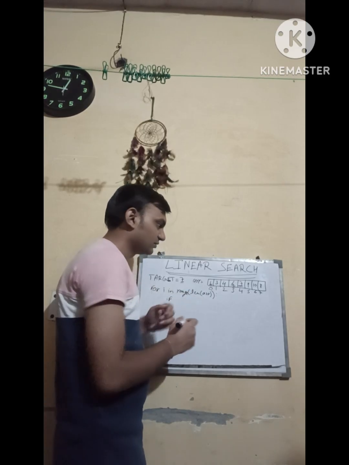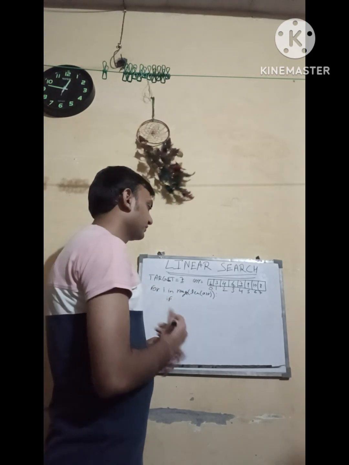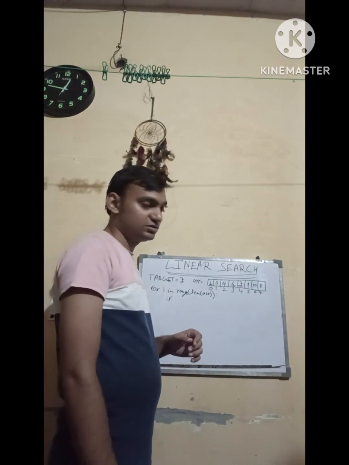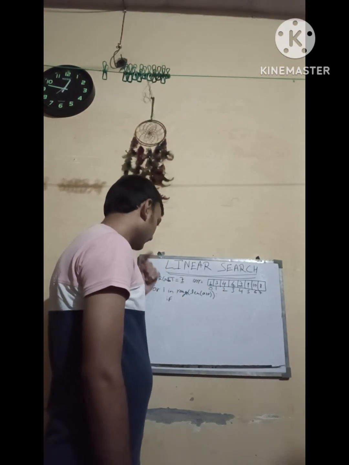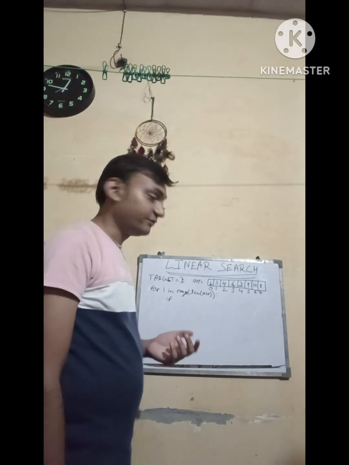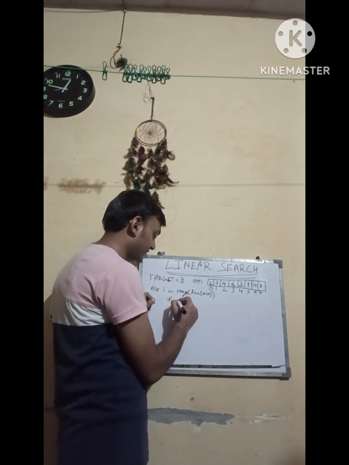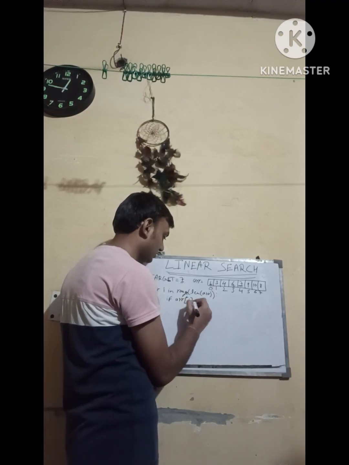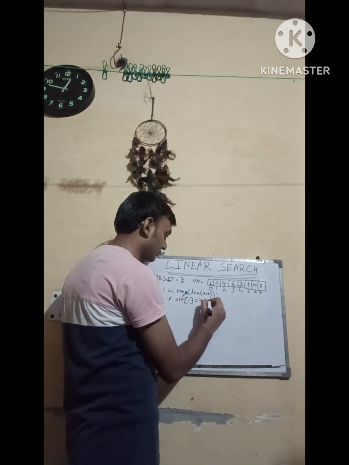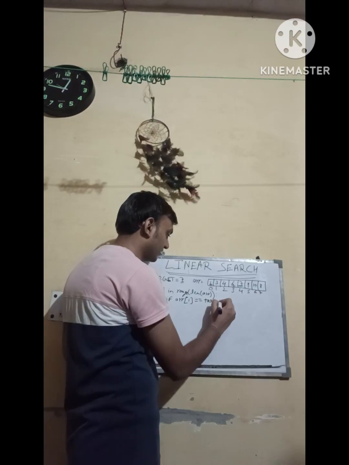So the first condition: we are iterating through the list of these numbers, the array of those numbers, and we check if arr[i] equals our target value.